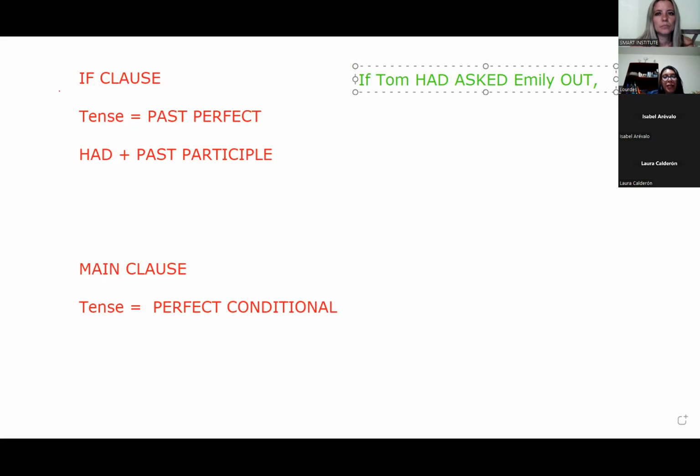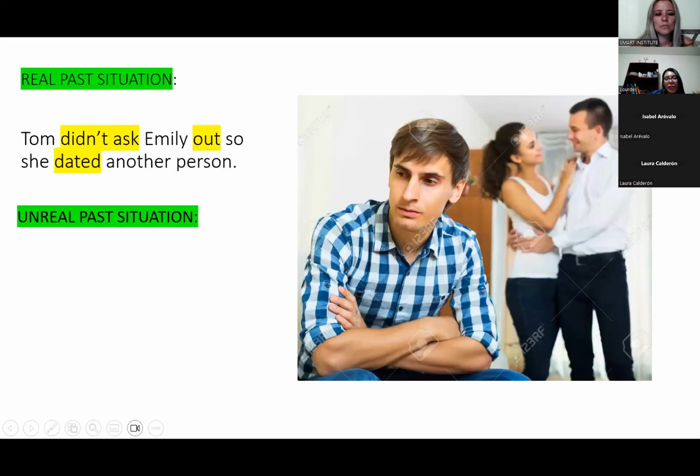Can anybody help me with the consequence? So she dated another person. Maybe Emily liked Tom, but Tom never invited her, so she dated another person.